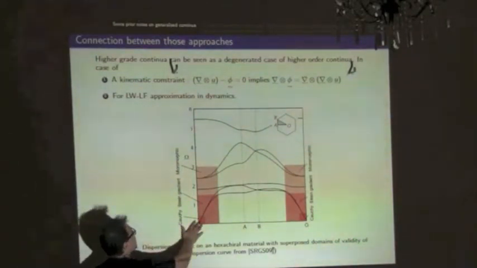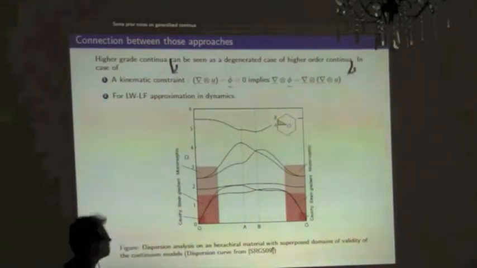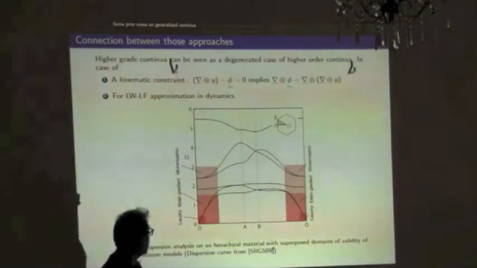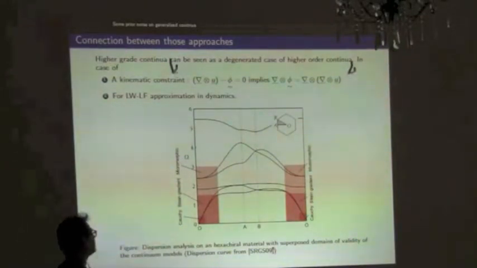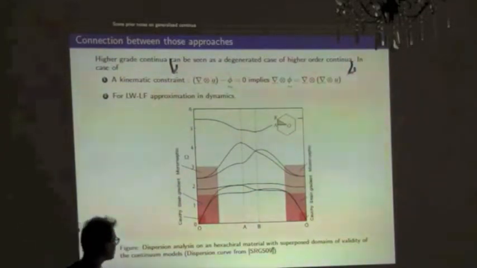So here we've got two types of branches: branches that start from zero, and branches with non-zero frequency when the wavelength is very large.